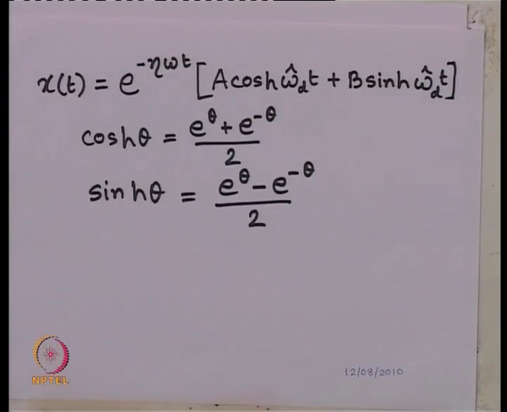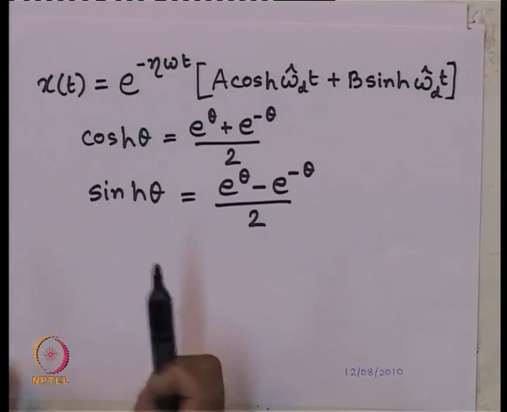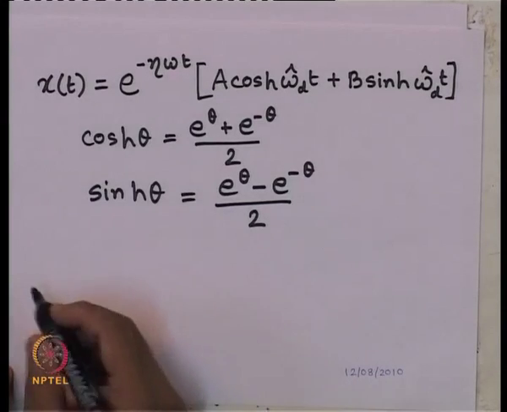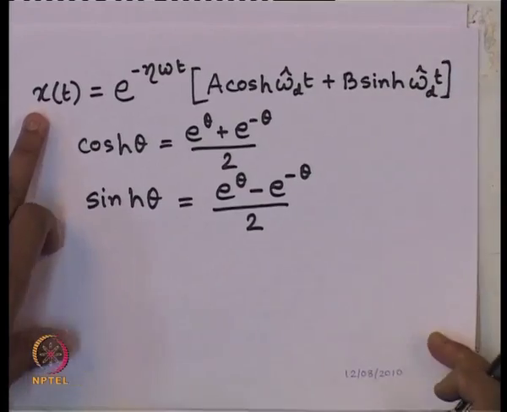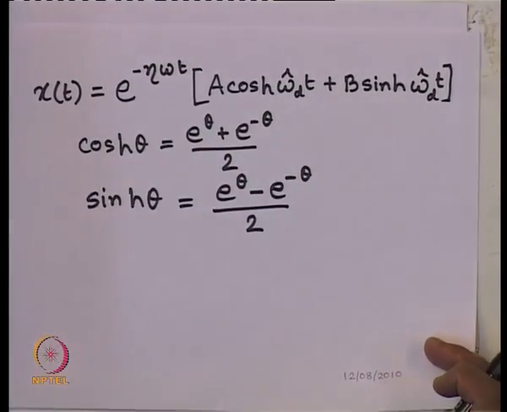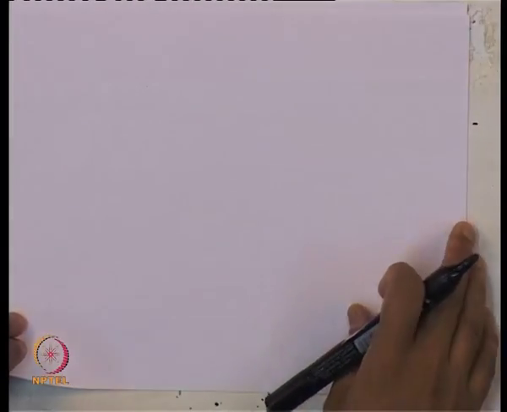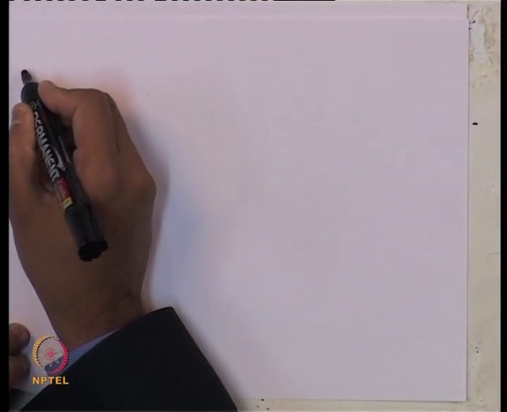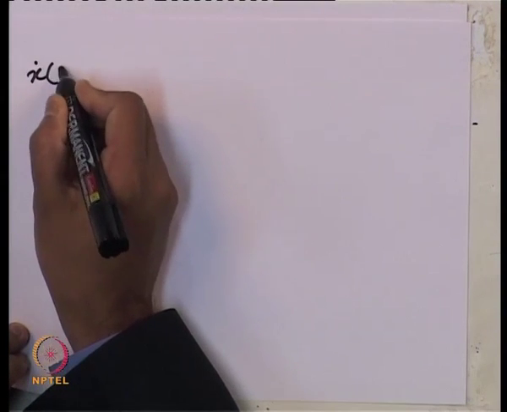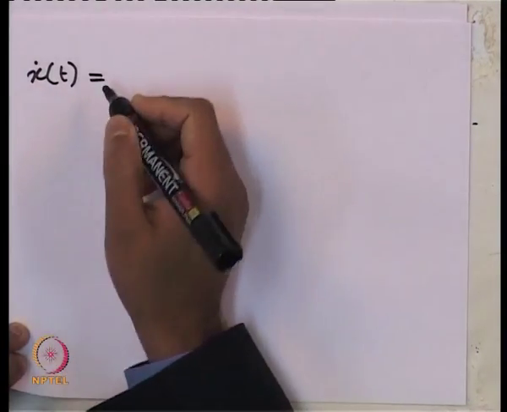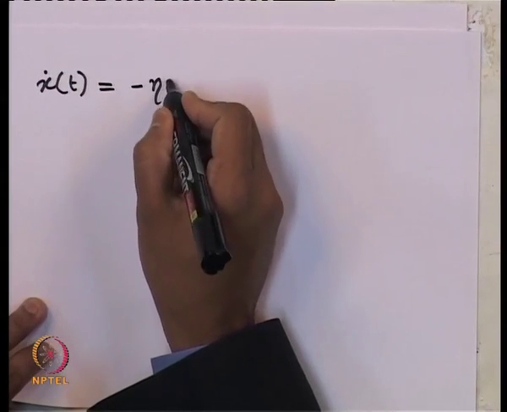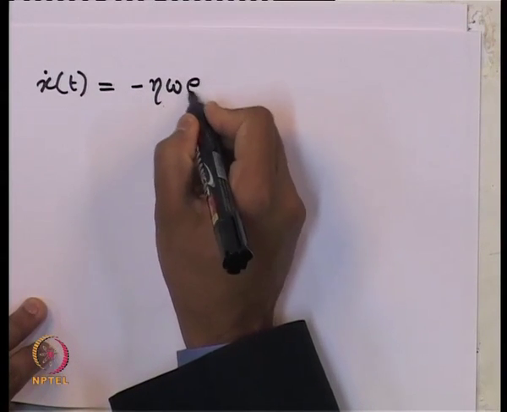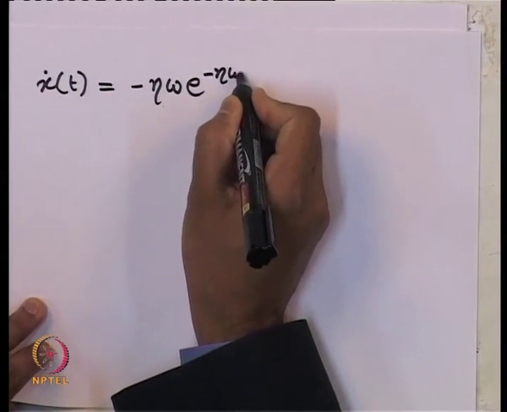To continue with this solution, let us find the expression for the velocity, x dot t, from this solution form, so that we can put the initial conditions here. So, x dot t can be written as minus eta omega e to the power minus eta omega t.